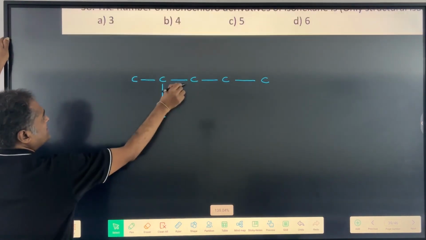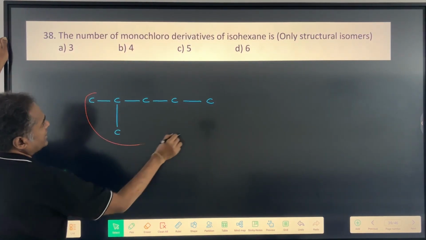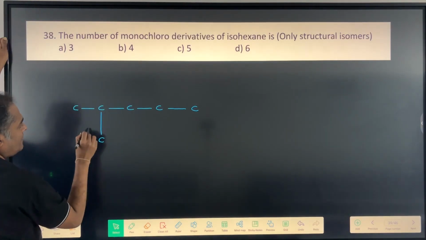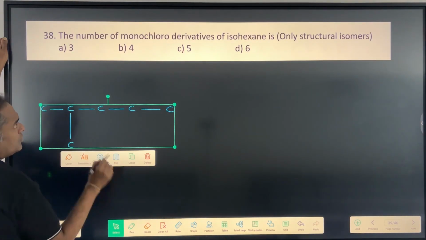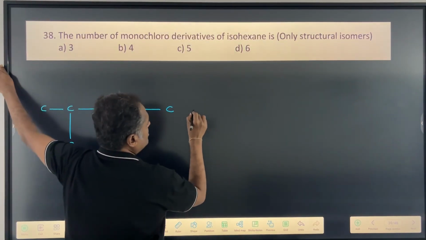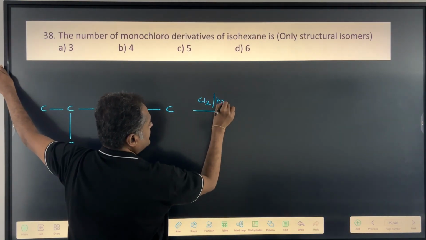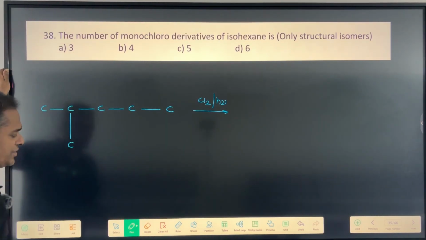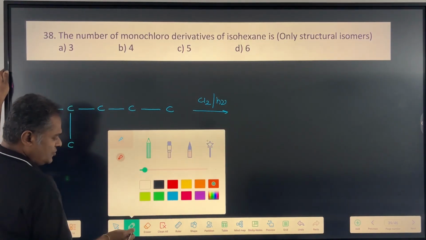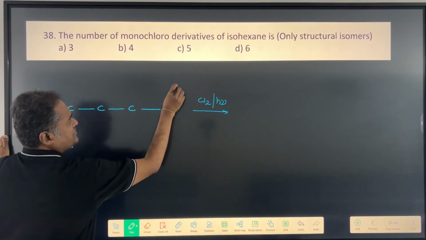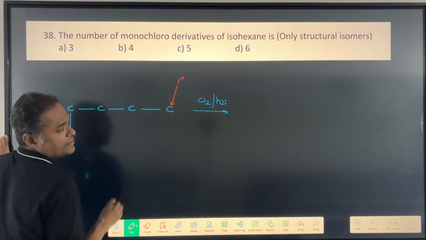Now, when I have written this particular example, child, you can check very clearly over here. Now, if I carry out a monochlorination, basically for monochlorination you require Cl2 in presence of light, correct? Now, what will happen? The first discussion is something like this, where you can see this is the first carbon where your chlorination can take place, which will be a primary carbon.